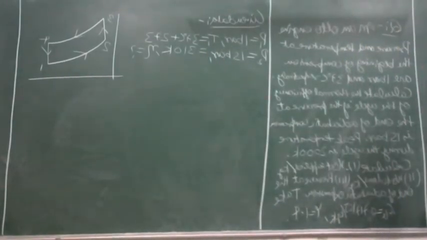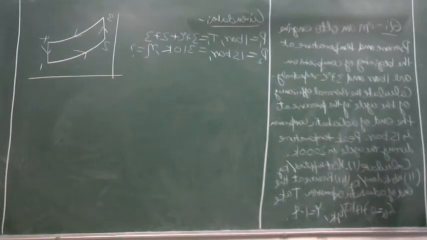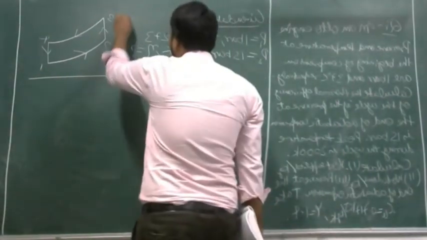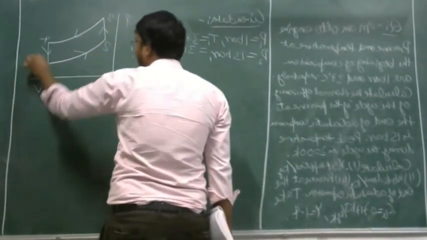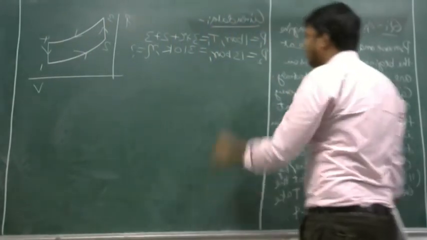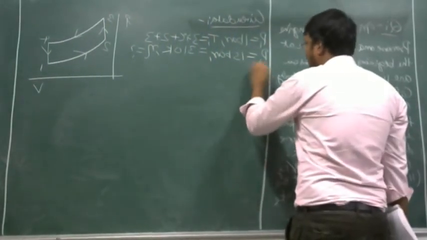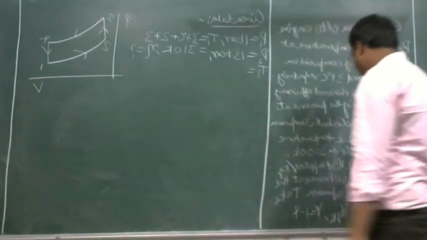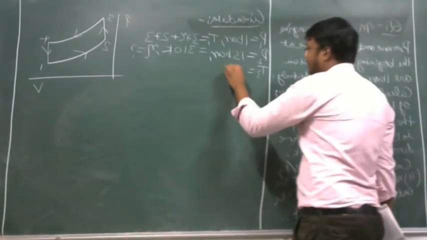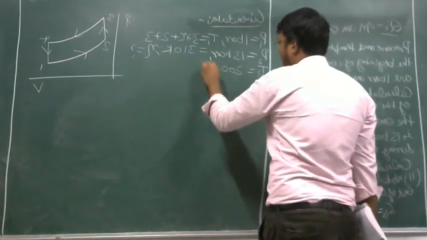Now, peak temperature during the cycle is 2000 Kelvin. In this PV diagram, the peak point is point 3, so peak temperature is the temperature at point 3. T3 is given equal to 2000 Kelvin.